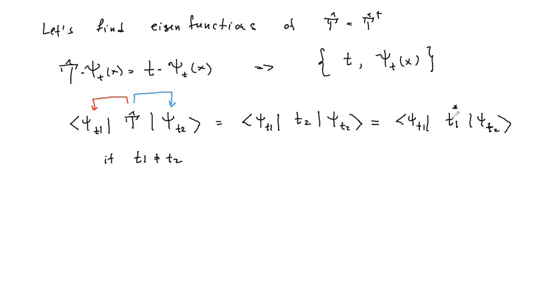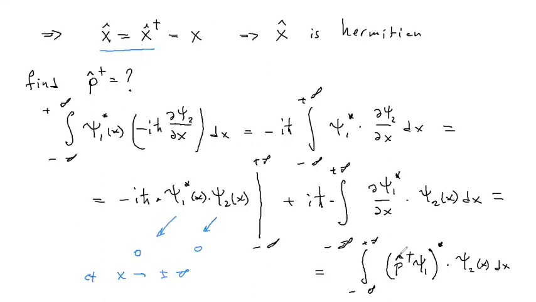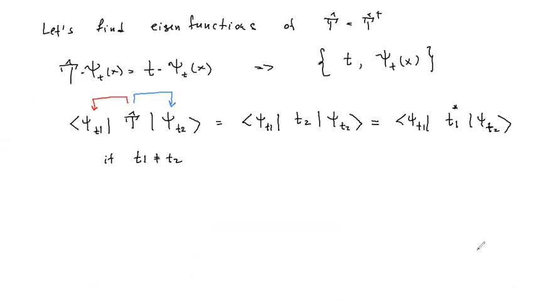I'm going to come back to this in a while, because if you remember the definition, when you act with this operator on ψ1, you get an eigenvalue, but this is under conjugation. So this eigenvalue will go out, but conjugated. I want to be as accurate as I can. Okay, second one. What if my t1 equals t2? Then I basically just have an average over the same eigenfunction.